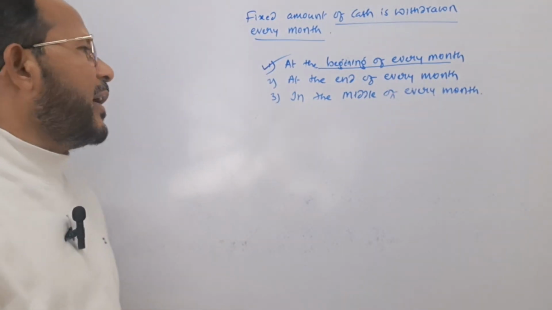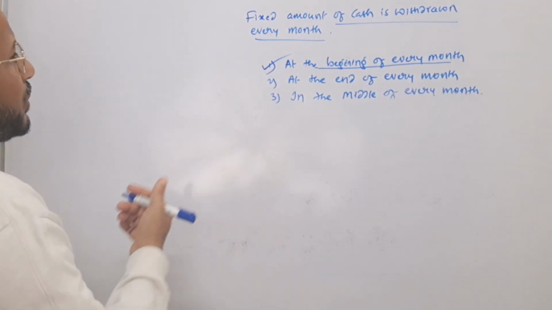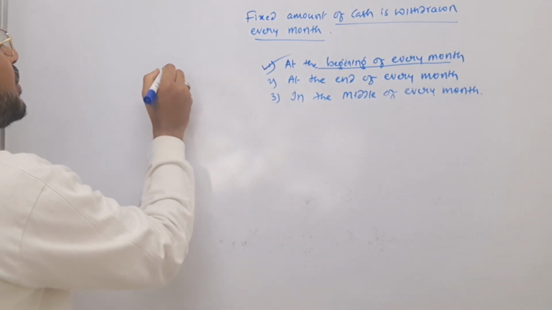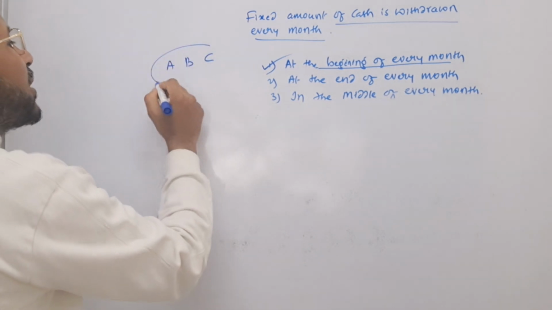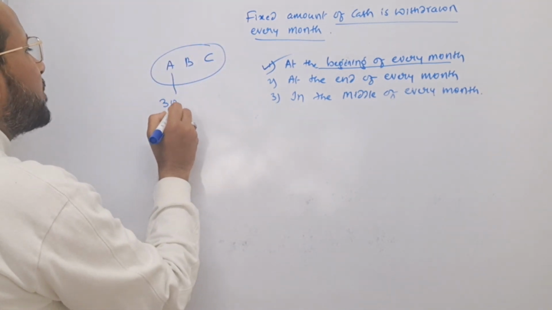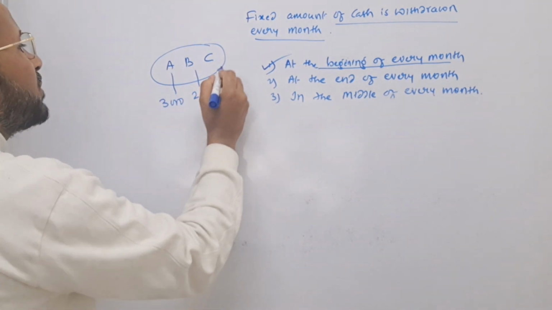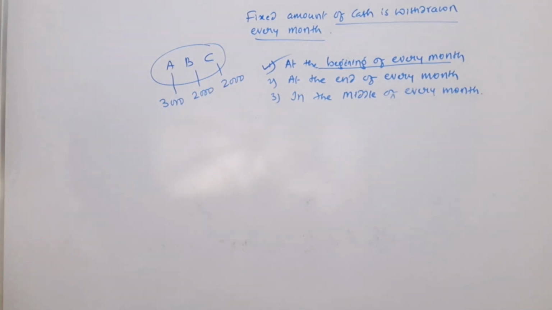For better understanding, let us take one simple example so that you can easily understand how to calculate the period for which interest is to be calculated. You take three partners, A, B and C. As per the partnership agreement, A is allowed to withdraw rupees 3000 per month and B is allowed to withdraw rupees 2000 per month and C is also allowed to withdraw rupees 2000 per month.